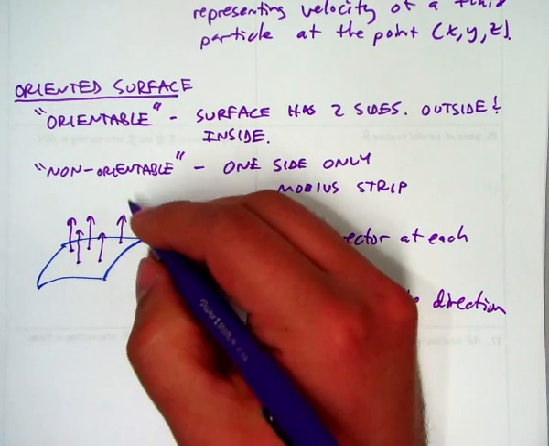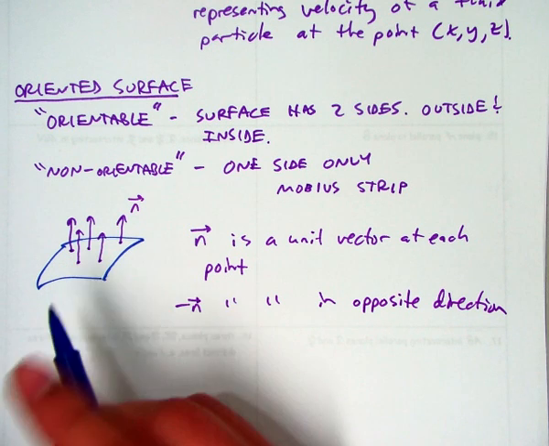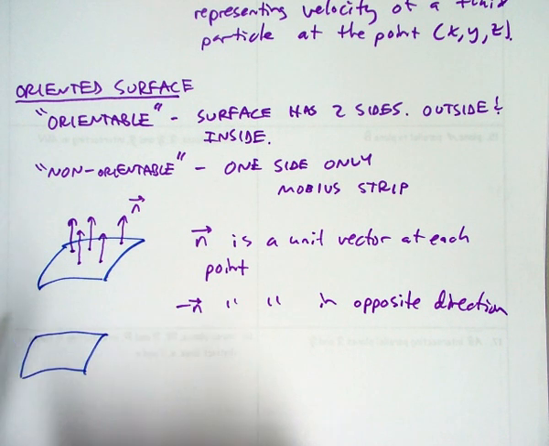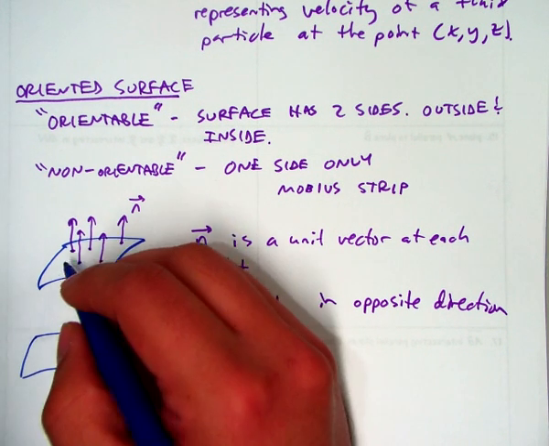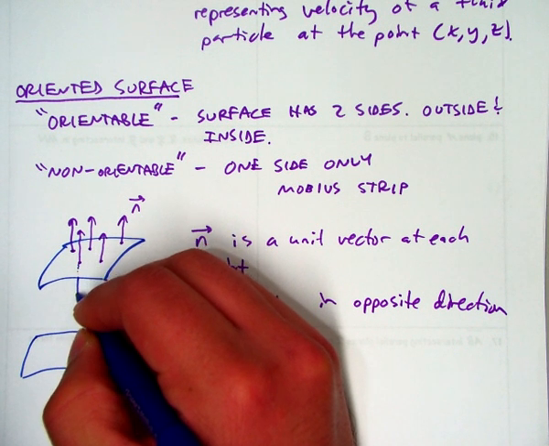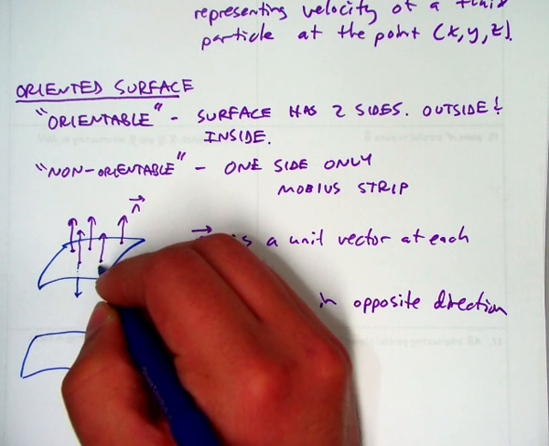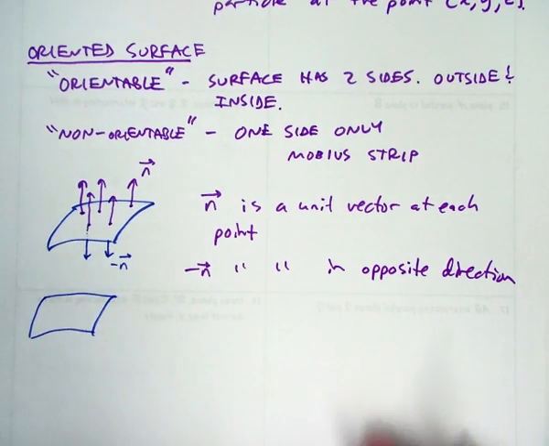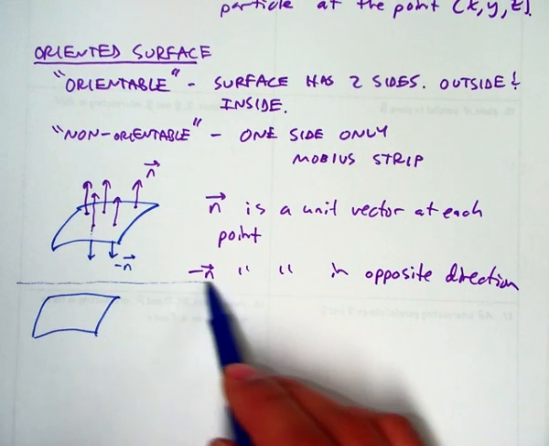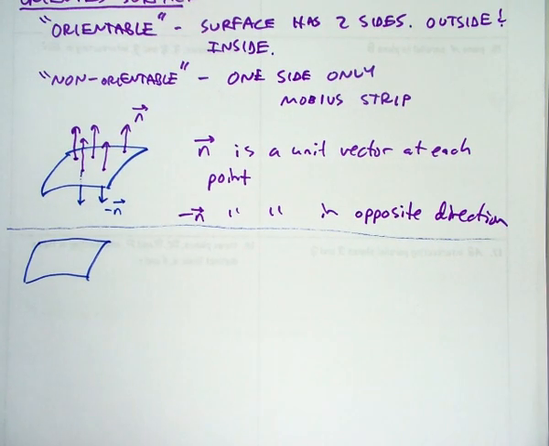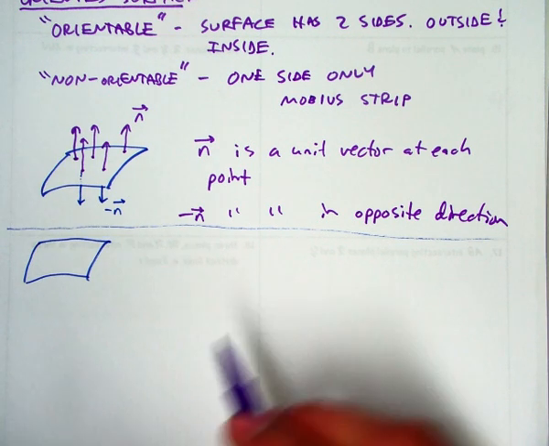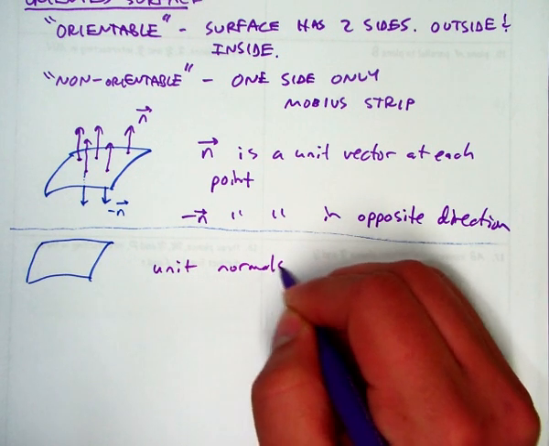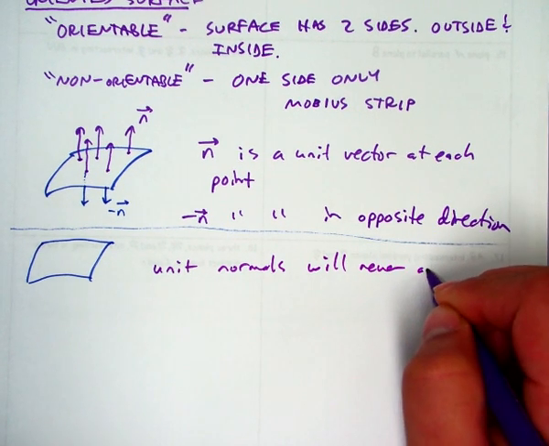So we'll say these are all representative of unit normal at a point. And if I drew in these, these would be negative n. Okay, the other thing worth mentioning is that these unit normals will never have an abrupt change in direction.